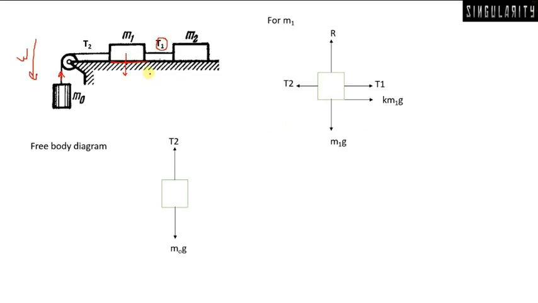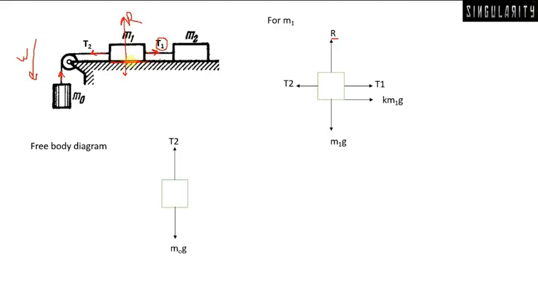Because of Newton's third law, an equal and opposite force acts on M1 in the upward direction, called the normal reaction, which we represent here by R. The string exerts a force T2 in this direction. Similarly, this string exerts a force T1 on it in this direction.